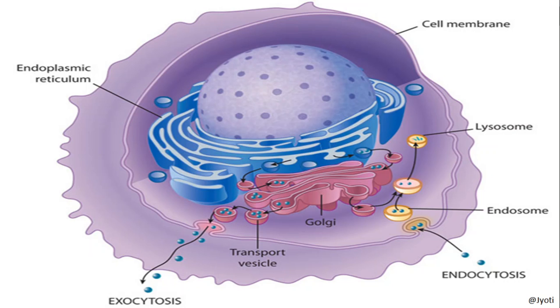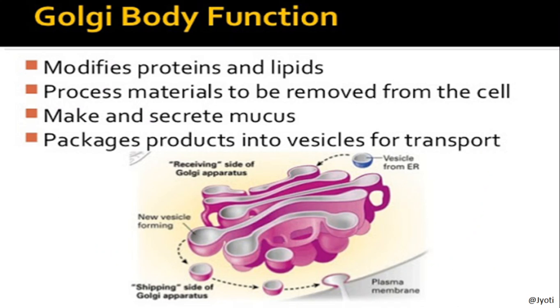Here it is very clearly shown the position of the endoplasmic reticulum and the Golgi complex, and how their functions are related. They are working in a coordinated way, even the lysosome also. So these are the functions of the Golgi complex, the Golgi body. They modify the proteins and lipids, because the lipid that is secreted from the smooth endoplasmic reticulum is also processed by the Golgi complex.